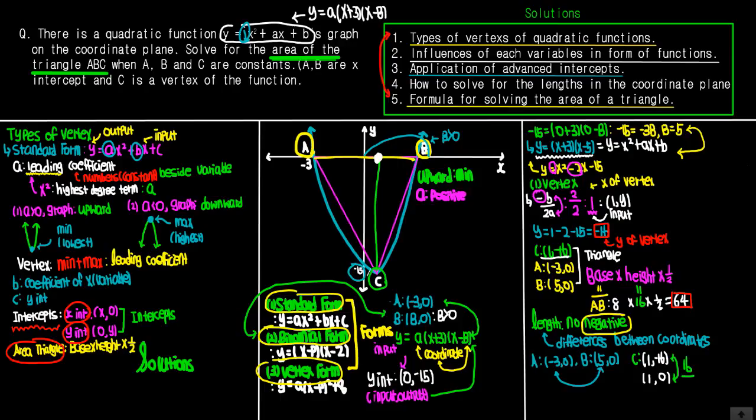The lengths on the coordinate plane have no negative value, because a length should always be positive. That means no subtraction, always addition between points or coordinates. So we eventually did 8 times 16 times 1 over 2, which became our 64. And in the next video, we're going to talk about other ways to approach this question.